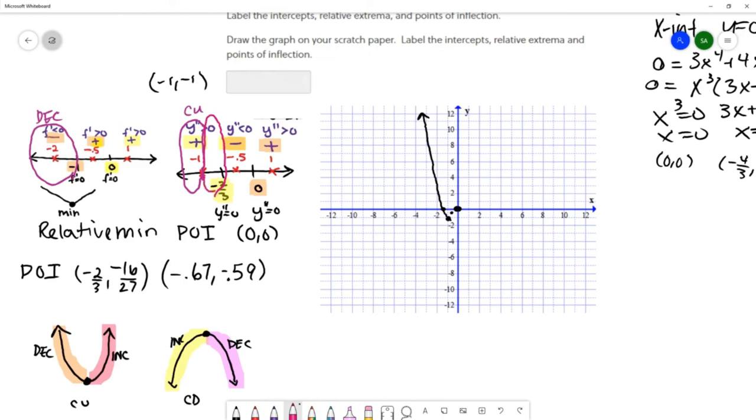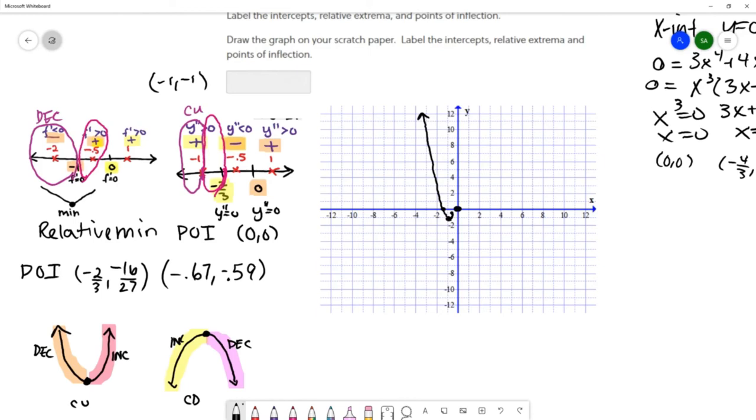I'm still in that same interval where the function is concave up, but negative 2/3 is going to fall in this interval right here where we are increasing. So connecting an x of -1 with an x of negative 2/3, I'm going to draw that as concave up and increasing.